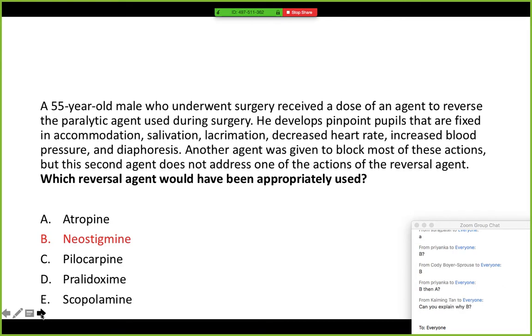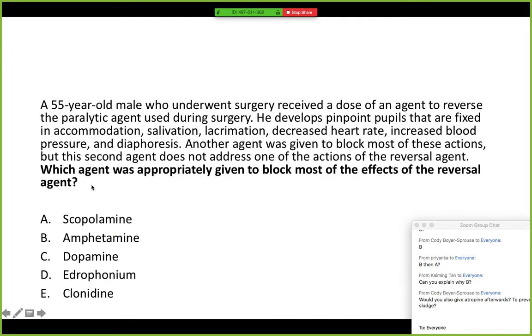So neostigmine is an acetylcholinesterase inhibitor. So in order to reverse rocuronium, you're going to give an acetylcholinesterase inhibitor so you can increase the amount of acetylcholine at the neuromuscular junction, and then you'll be able to outcompete rocuronium. Yeah. You guys are kind of beating me to the punch here.